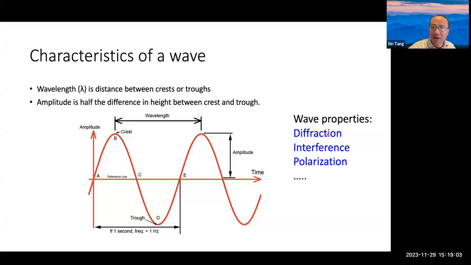All three of them are very important properties of wave. And they all can be engineered to become different types of imaging systems, different types of microscopes to look at biological samples. For example, this diffraction.